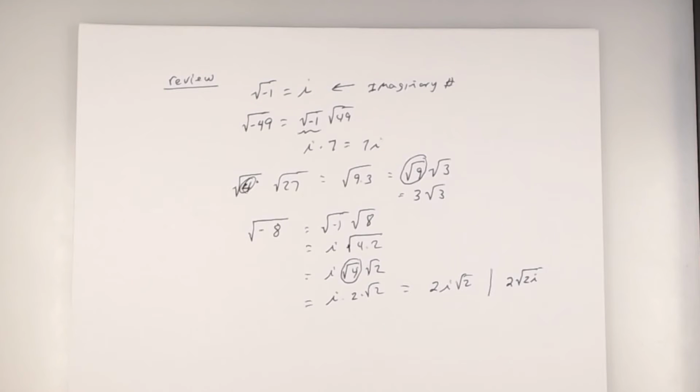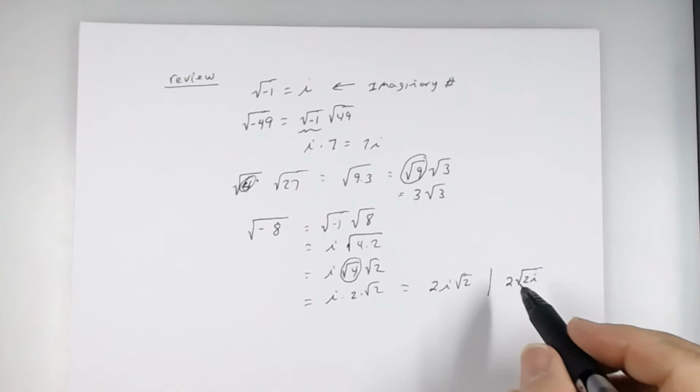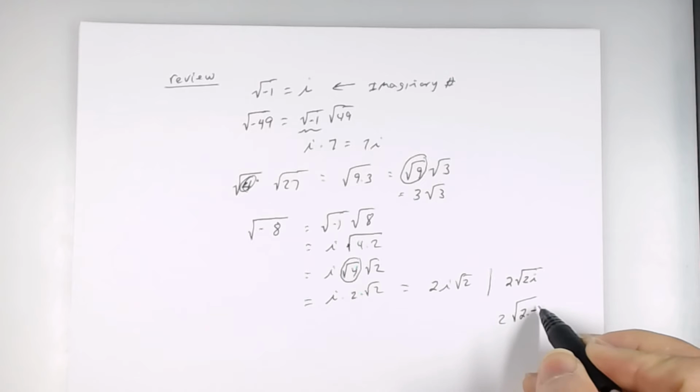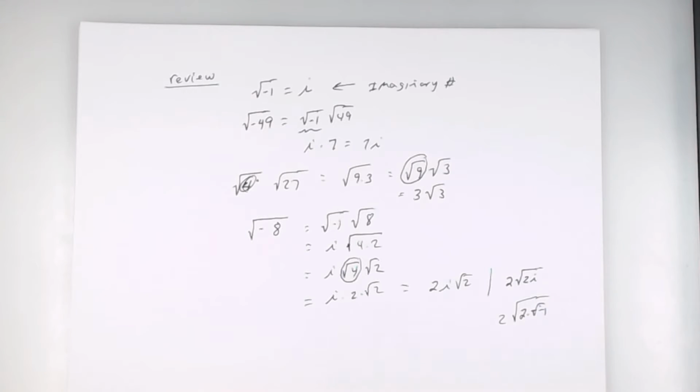No, it's not. So basically what you're saying when you do it like that is that this right here is 2 times the square root of a negative 1, right? Because isn't that what i is?